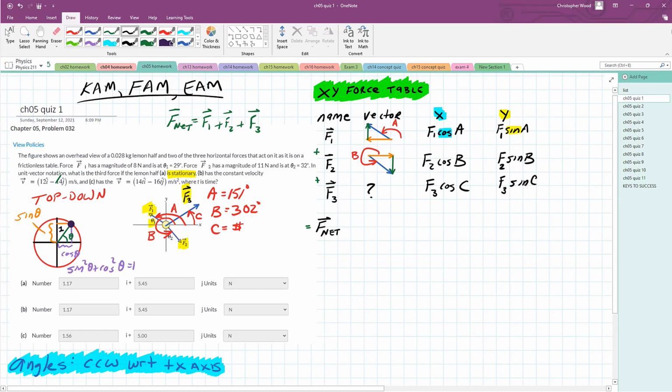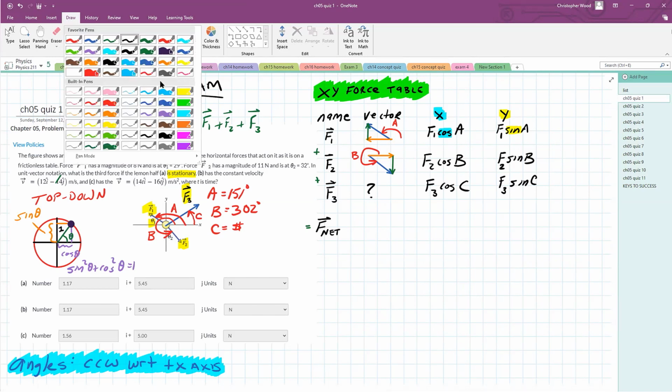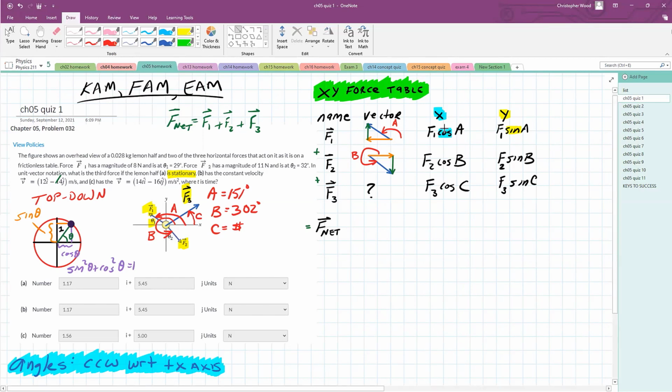That's it. So all I'm going to do now is add up the X components. It's like Humpty Dumpty. I'm going to add up all of the X components. So literally, I'm breaking things down and then putting them back together. But before I put them back together, I'm going to group them. That's what I'm doing right now. I'm going to take all of these X components and add them together.